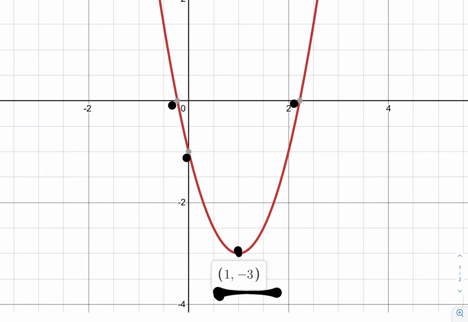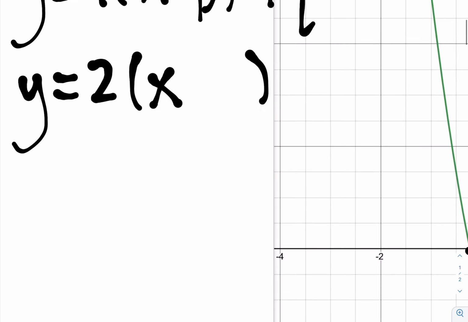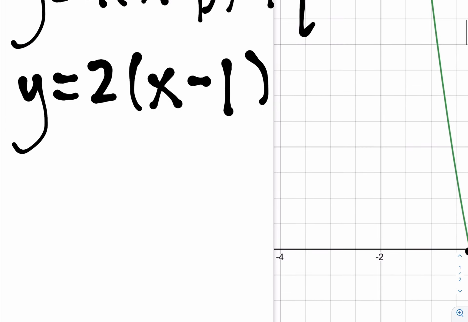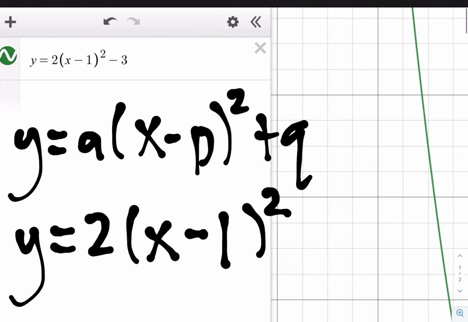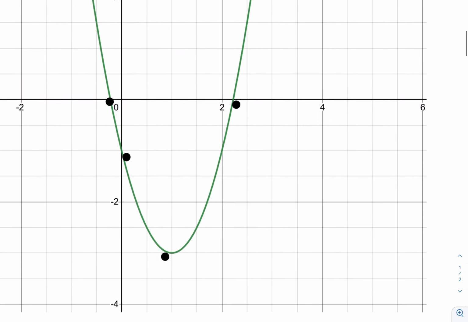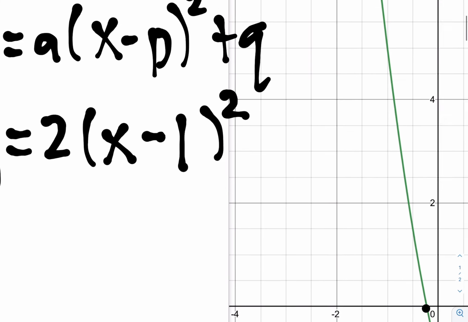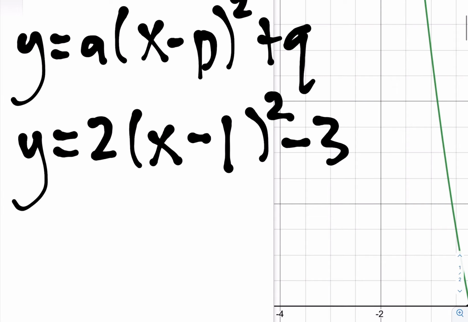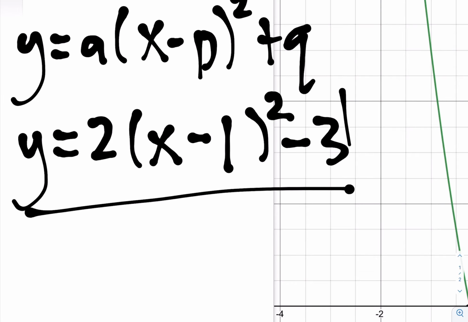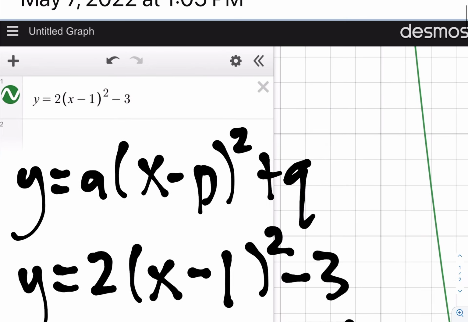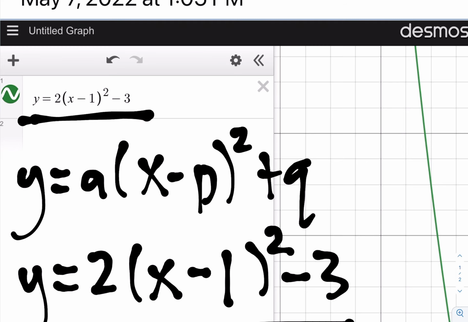So it's going to be x minus 1 squared. And remember, the q is the y coordinate of the vertex. If we go right here, that's going to be -3. So our q is -3. So this is our function in vertex form, and what do you know? That corresponds directly with the actual answer.